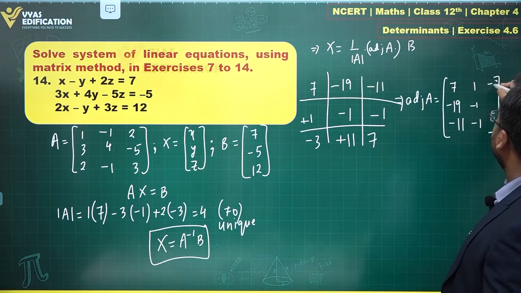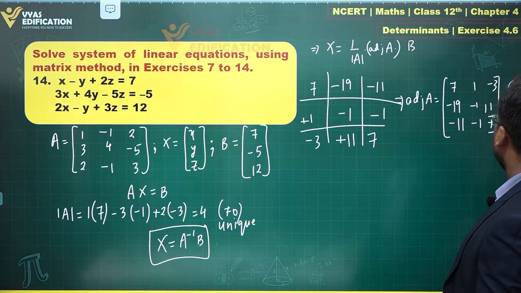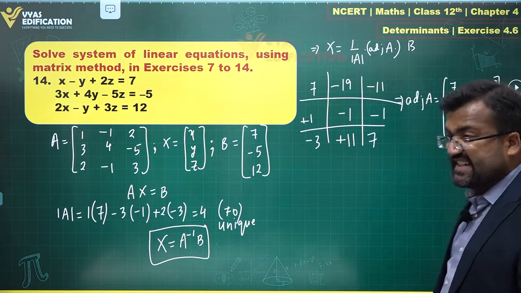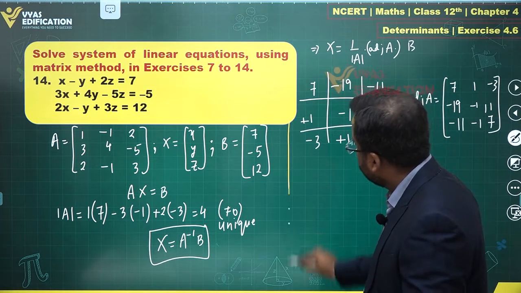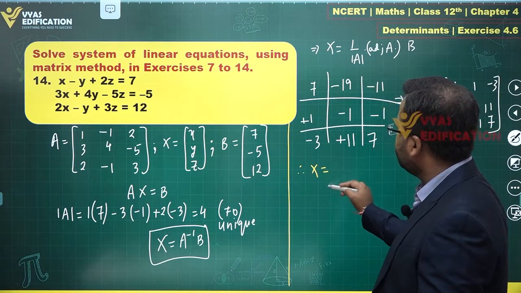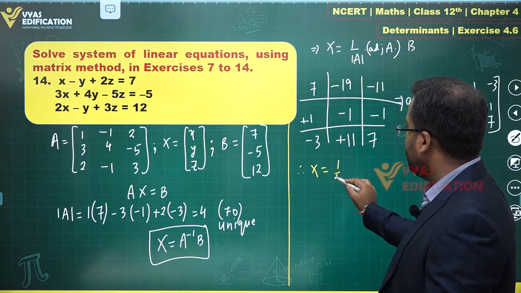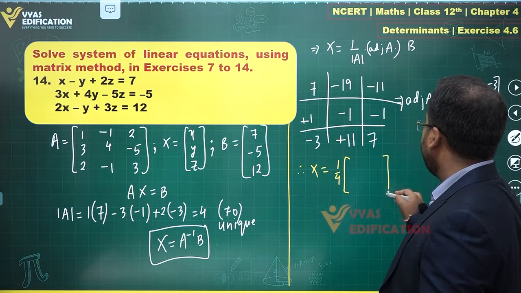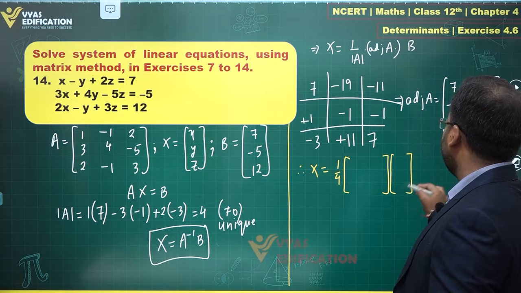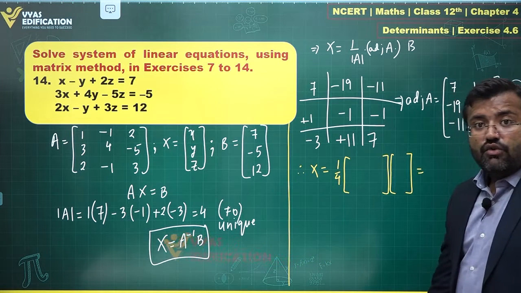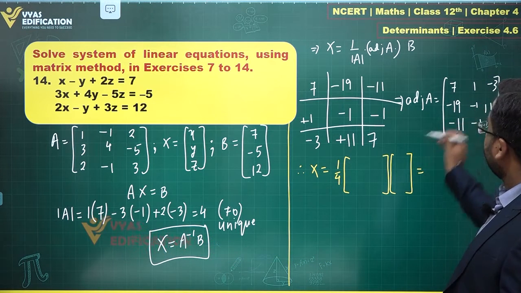Minus 3, 11, 7. This is what you have. Next, therefore, the matrix X is equal to 1 upon determinant of A, 1 upon 4 times adjoint of A times the matrix B. What is the adjoint of A? This is 7, 1, minus 3.